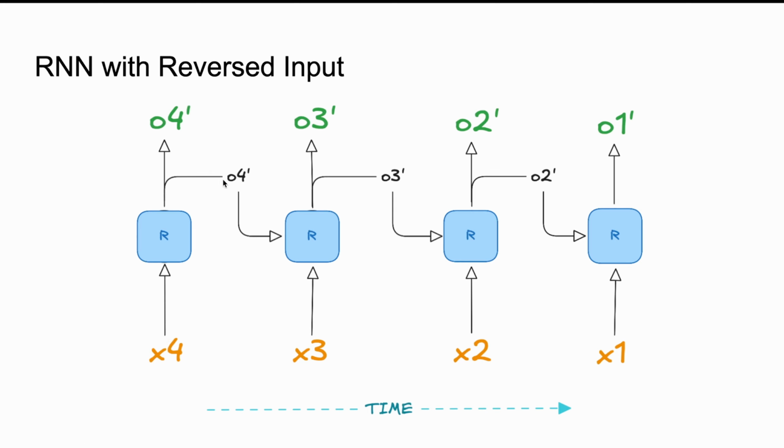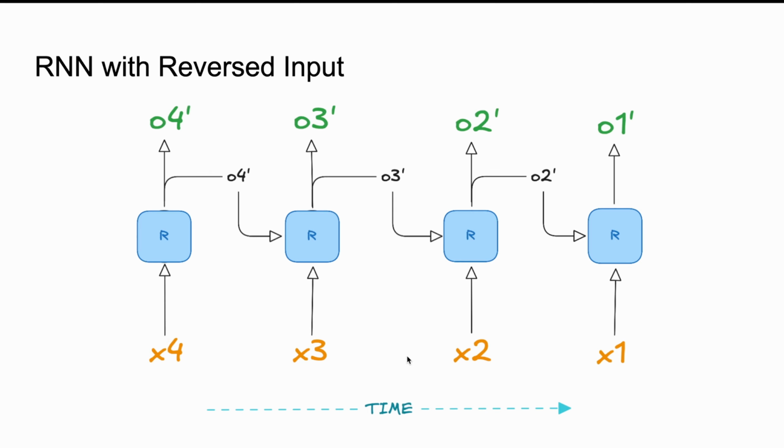We'll get the output O4 dash. We'll input O4 dash along with x3 into the RNN again to get output O3 dash. Then in the next time step, we'll input O3 dash along with x2 into the RNN to get O2 dash, and we'll input this O2 dash along with x1 into the RNN to get O1 dash.